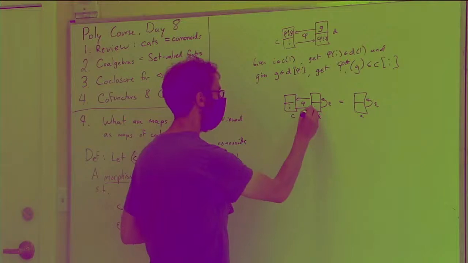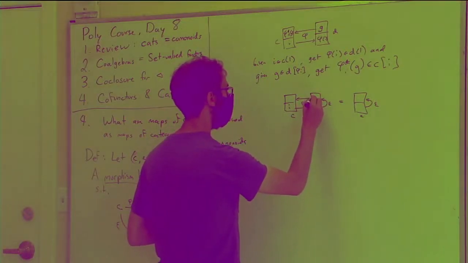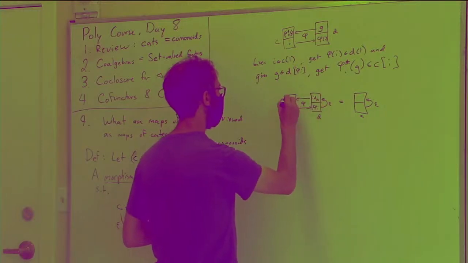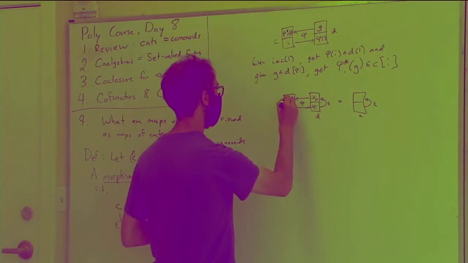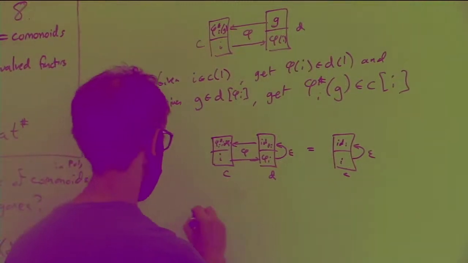So I, phi of I, identity sub phi of I, phi sharp of identity sub phi of I, id. And what does that tell us? It tells us rule 1.